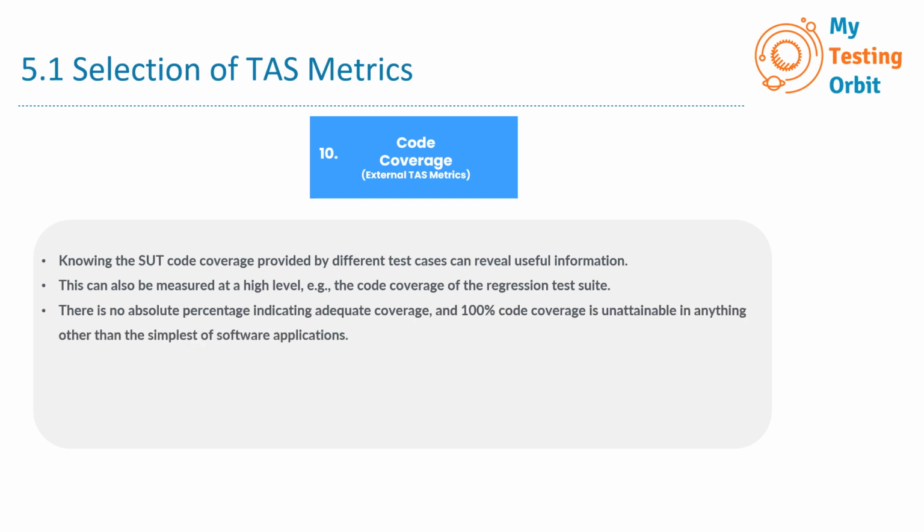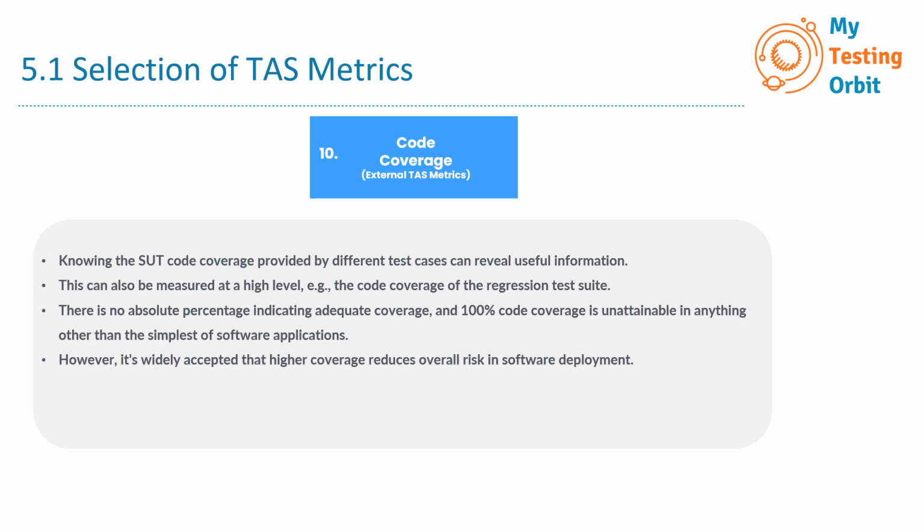It gives you an overview of how well your tests collectively explore the code. There is no absolute percentage indicating adequate coverage, and 100% code coverage is unattainable in anything other than the simplest of software applications. So there is no magic number for perfect code coverage, and achieving 100% coverage is nearly impossible in complex software. It's all about finding the right balance between thorough testing and practicality.